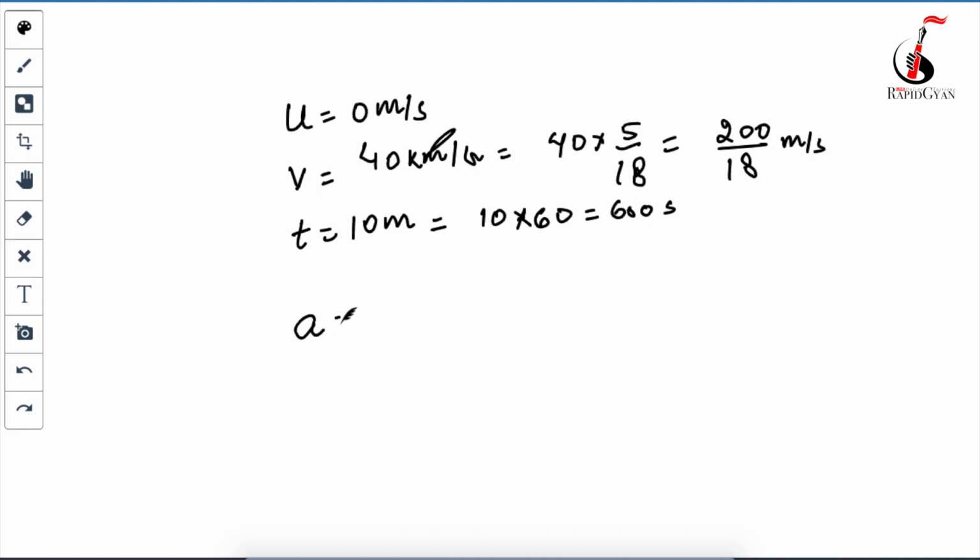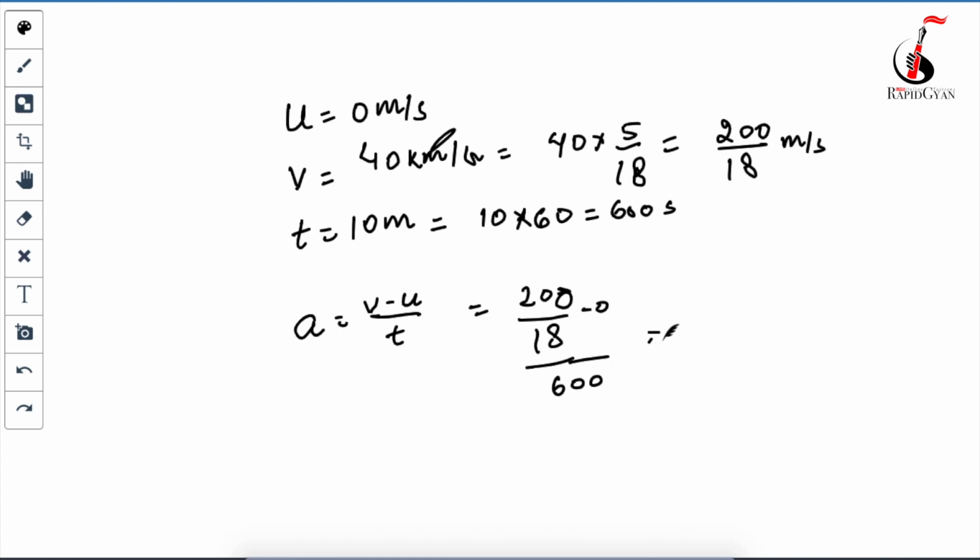So acceleration is equal to v minus u upon t. So what is your v? V is 200 upon 18, minus 0, upon 600. Hope it's clear, guys.